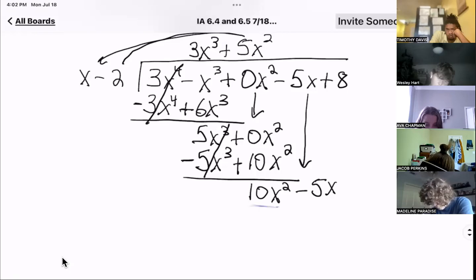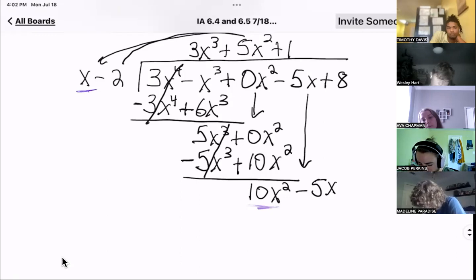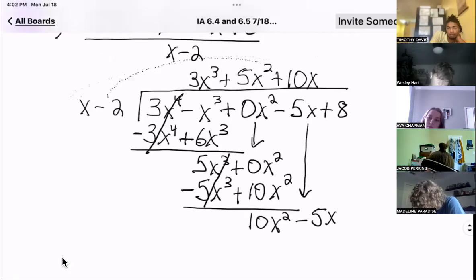Now that's what I have to match from that. What do I multiply x by to get 10x squared? It would be a 10 and an x. Let me erase these. And now we're going to distribute. 10x times x is 10x squared.